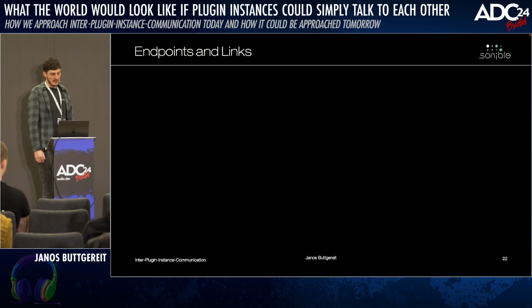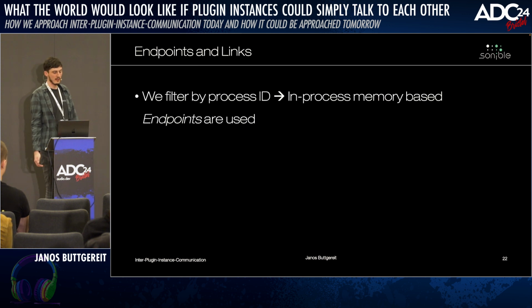Next point is endpoints and links. So as I said, we filter by process ID at the moment because it's turned out to just be the stablest approach that we can come up with. So in our case, we only use basically in-memory-based endpoints.